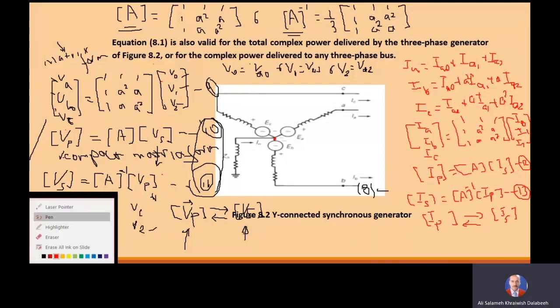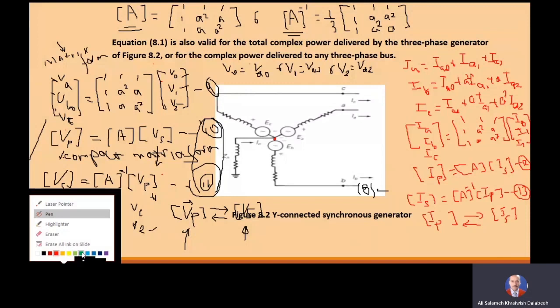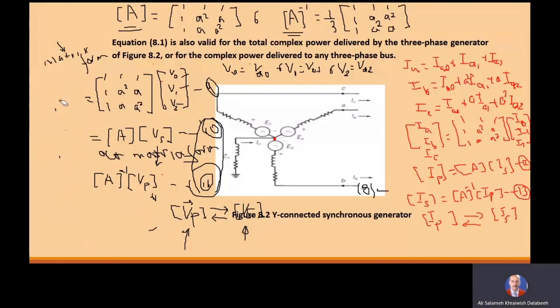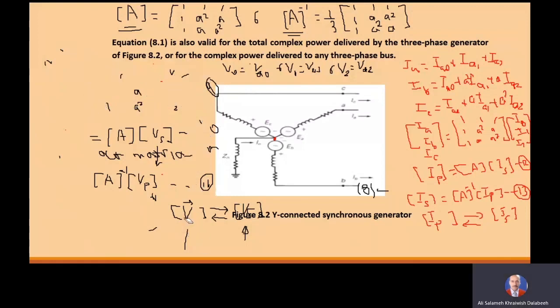The last note that I want to explain. Suppose we need to calculate I naught, the zero sequence current of the system. How can we calculate the zero sequence current of any system? This is very important.